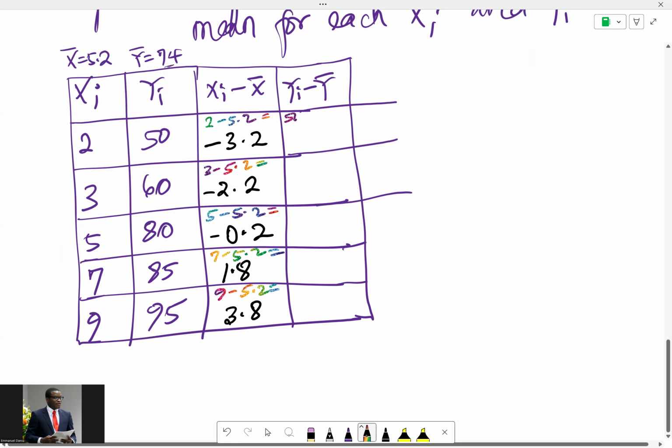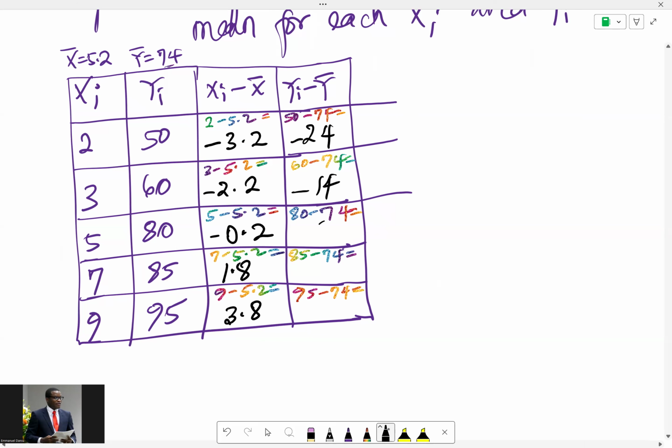So we have 50 minus 74, 60 minus 74, 80 minus 74, 85 minus 74, and 95 minus 74. If you do all that, 50 minus 74 is minus 24. 60 minus 74 is minus 14. Then 80 minus 74 is 6. 85 minus 74 is 11. 95 minus 74 is 21.